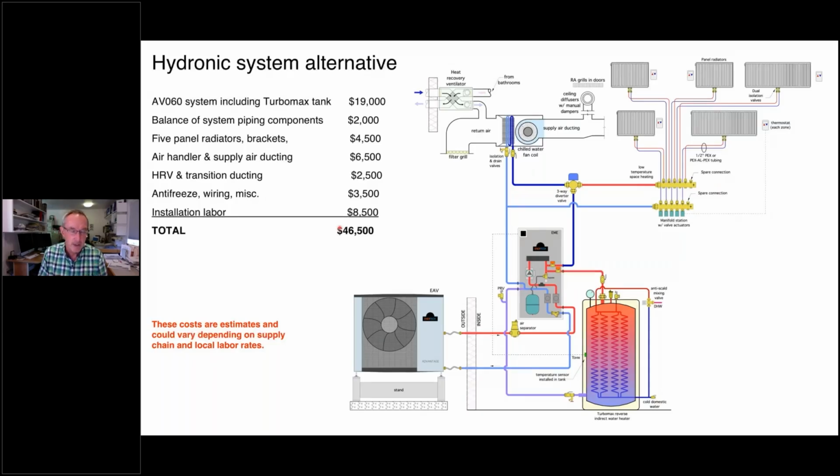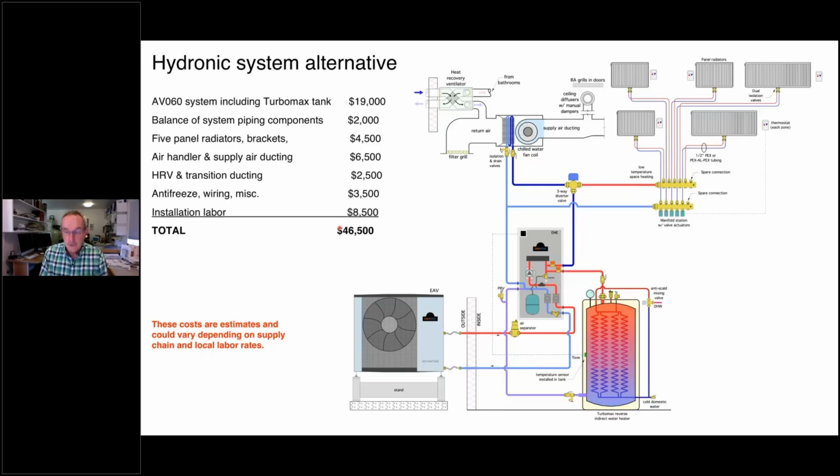On any given project, one might be slightly more than the other, but the idea that a ductless system is, for example, half the cost of an air-to-water system. And again, remember, we're doing systems that are complete here: space heating, cooling, domestic hot water, and heat recovery ventilation, a true HVAC system. We have very comparable costs. In my estimating, we're slightly lower based on the hydronic alternative.